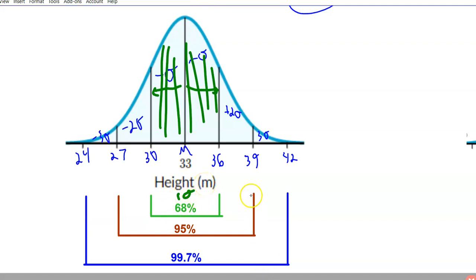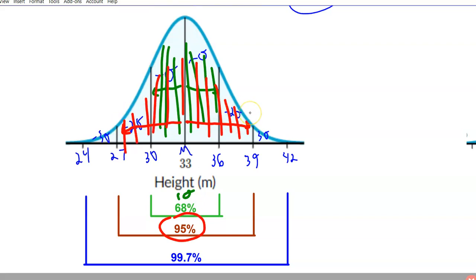And then if you go not 1 but 2 standard deviations to the right, that's going to be a total of 95%. Wow, 2 standard deviations on either side there. 95% of the data is going to be in that shaded region. So I'm including everything there, right? And then if you go 3 standard deviations, almost all the data, 99.7.